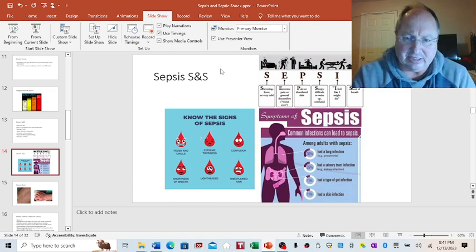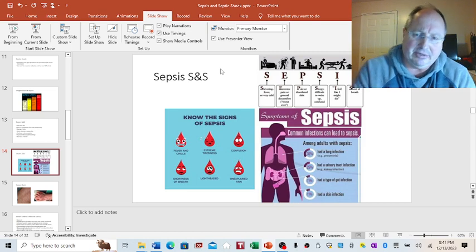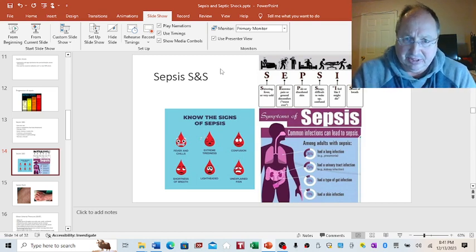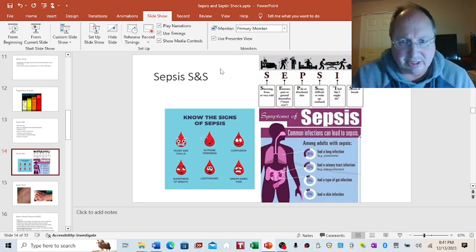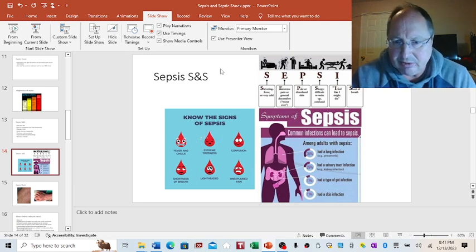I found it interesting that on this other slide, the signs of sepsis spell S-E-P-S-I-S, just a nice little thing to help you remember the signs of it.